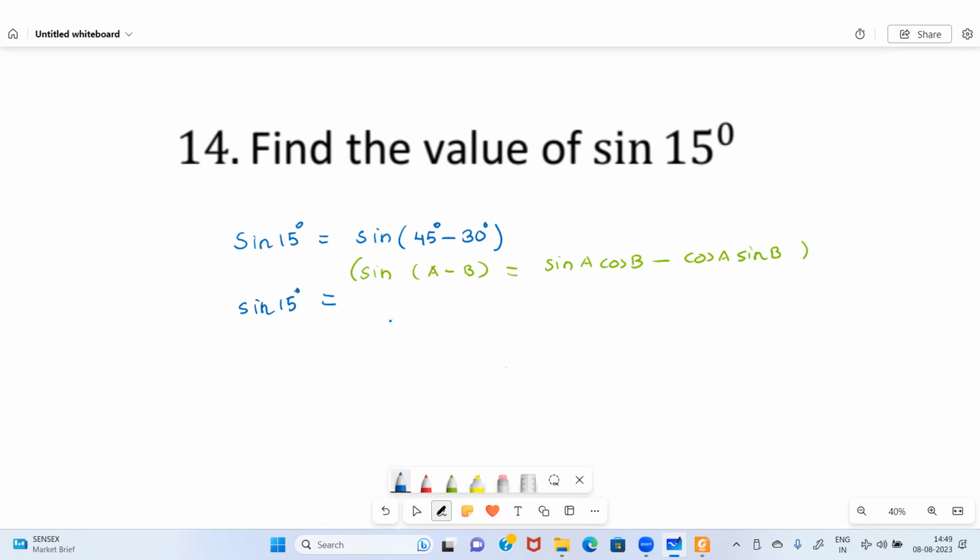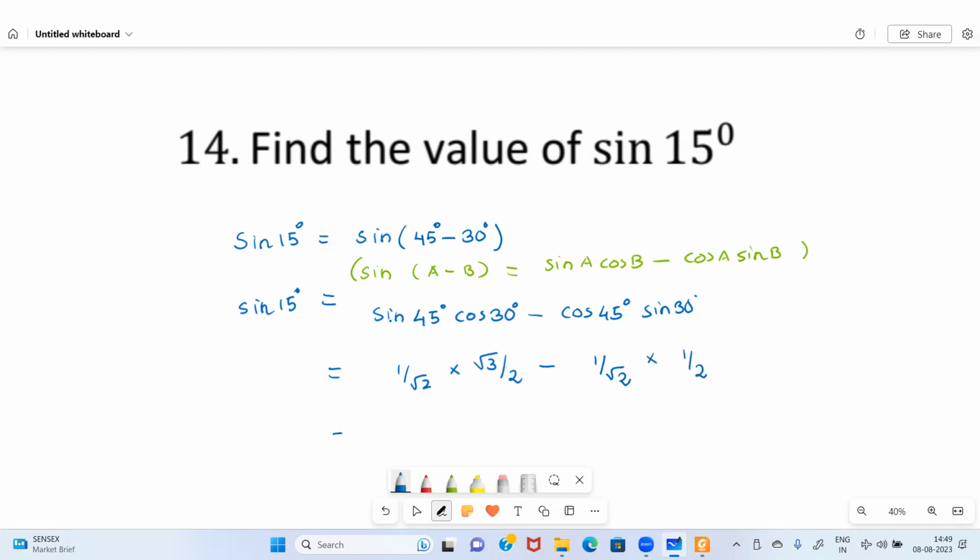So we will use that. So sine 15 degrees is going to be equal to sine 45 cos 30 minus cos 45 sine 30. Sine 45 is 1 by root 2. Cos 30 is going to be root 3 by 2. Cos 45 is 1 by root 2. Sine 30 is 1 by 2.